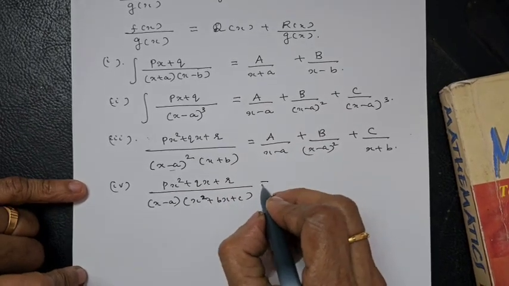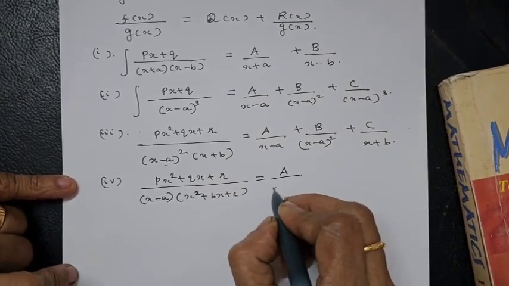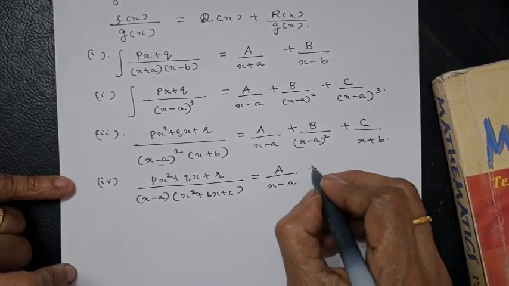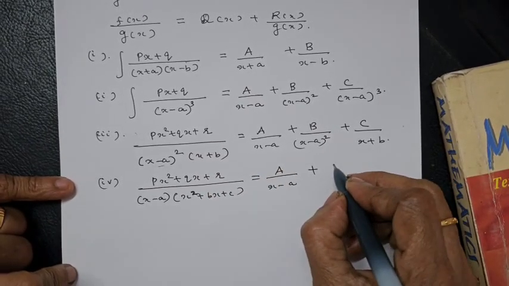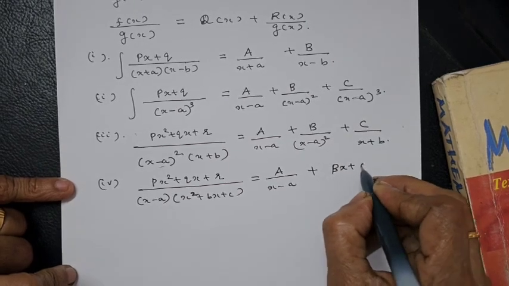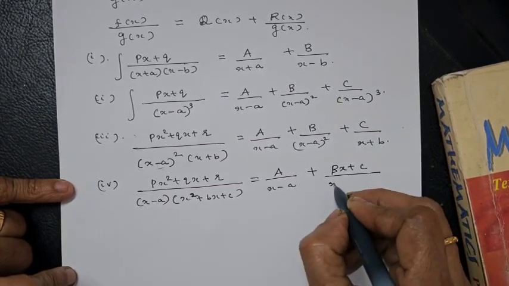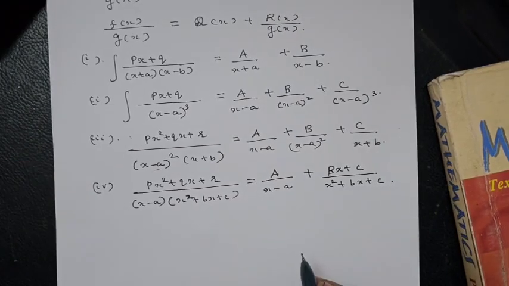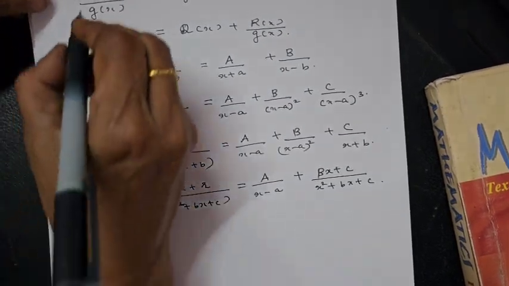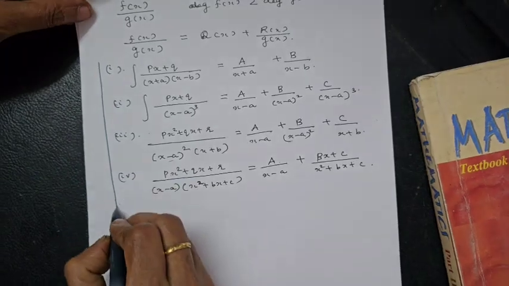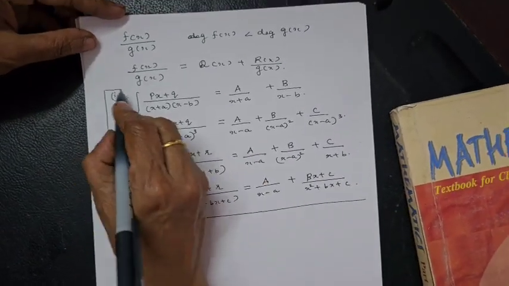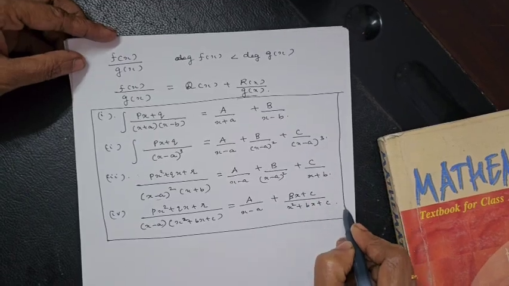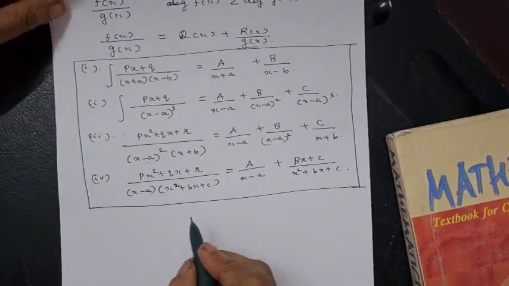In that case, the partial fraction will be, as we did earlier, a by the first linear factor plus, for the next one, bx plus c by that quadratic factor x square plus bx plus c. So there are four types under partial fractions. By looking at the denominator, you can check under which category it comes.